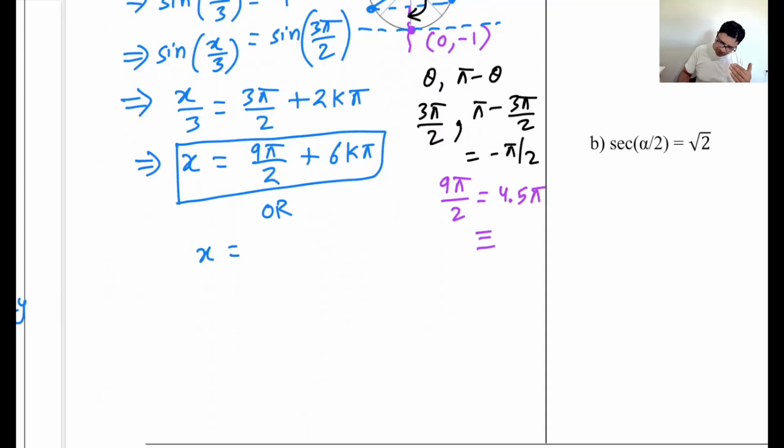Then that is equivalent to 4 pi plus 0.5 pi, which is equivalent to 0.5 pi, because 4 pi is 2 pi and 2 pi, back to 0. So you could write this solution as pi over 2, like 0.5 pi is pi over 2, plus 6k pi.